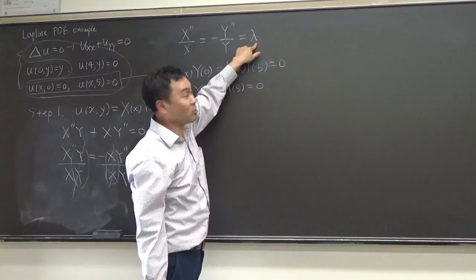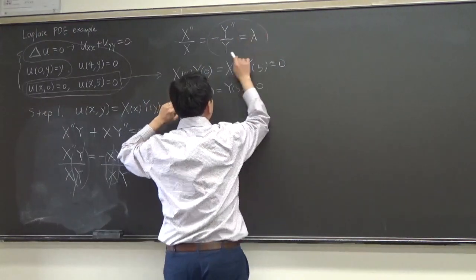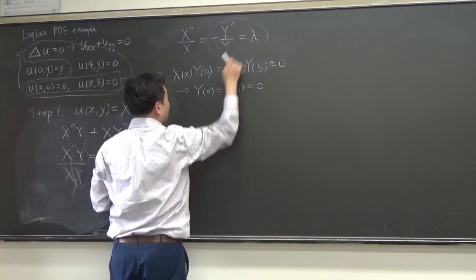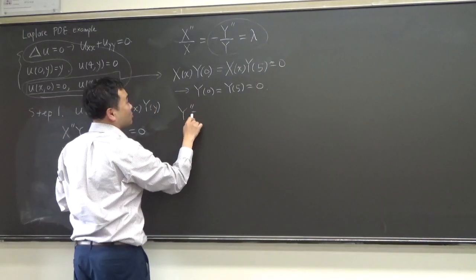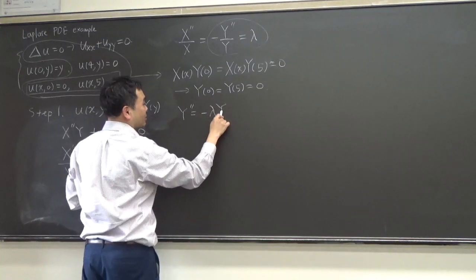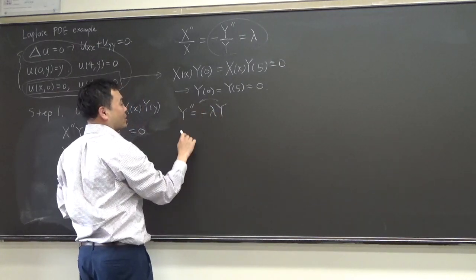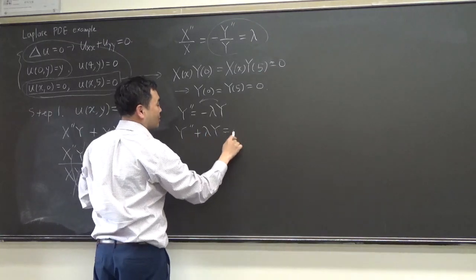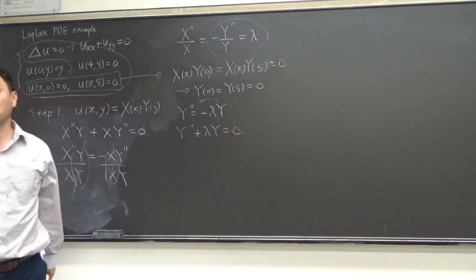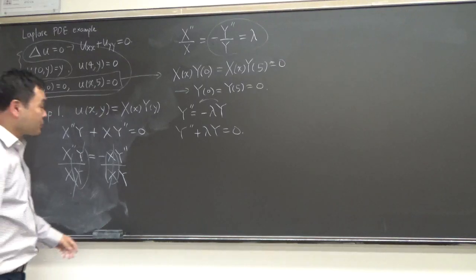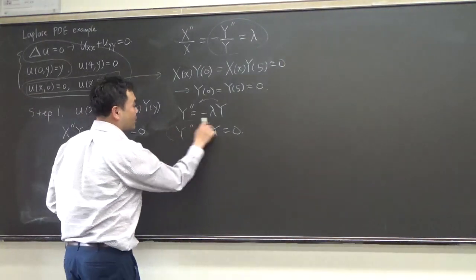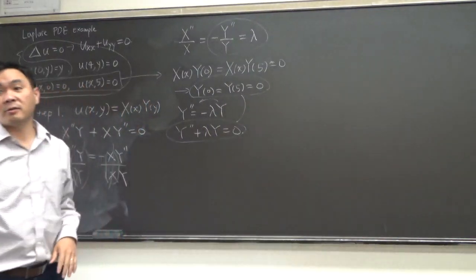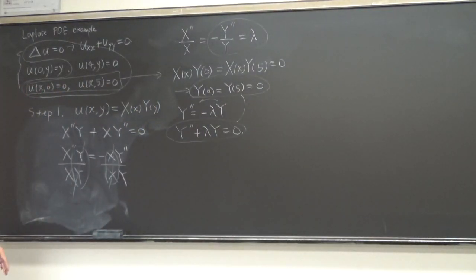So if we multiply by negative Y, you get Y double prime equals negative lambda Y. Then you move this to the other side, you get Y double prime plus lambda Y equals 0, which is the usual form of the Sturm-Liouville problem, right? So the Sturm-Liouville problem with these two boundary conditions is what we need to solve.